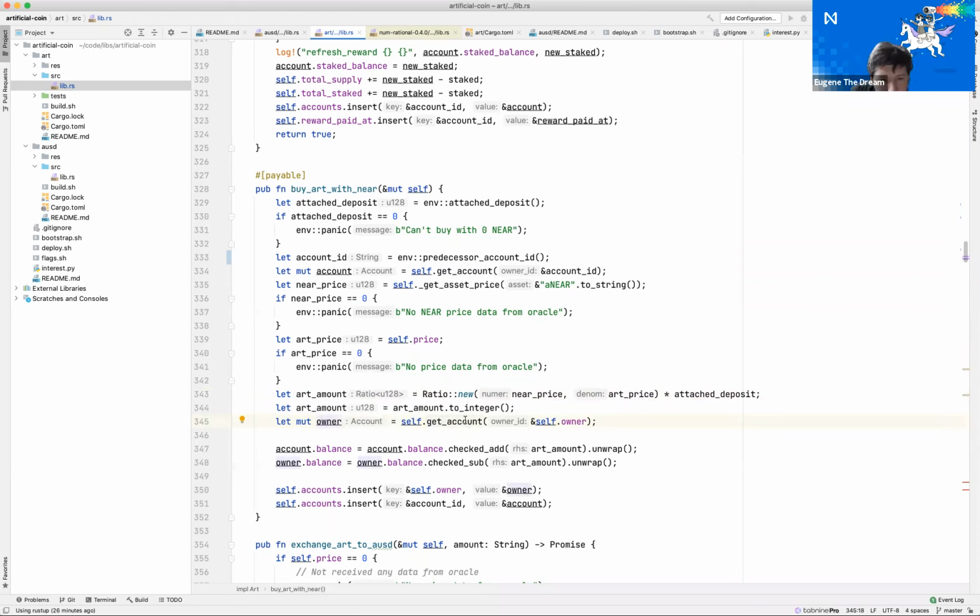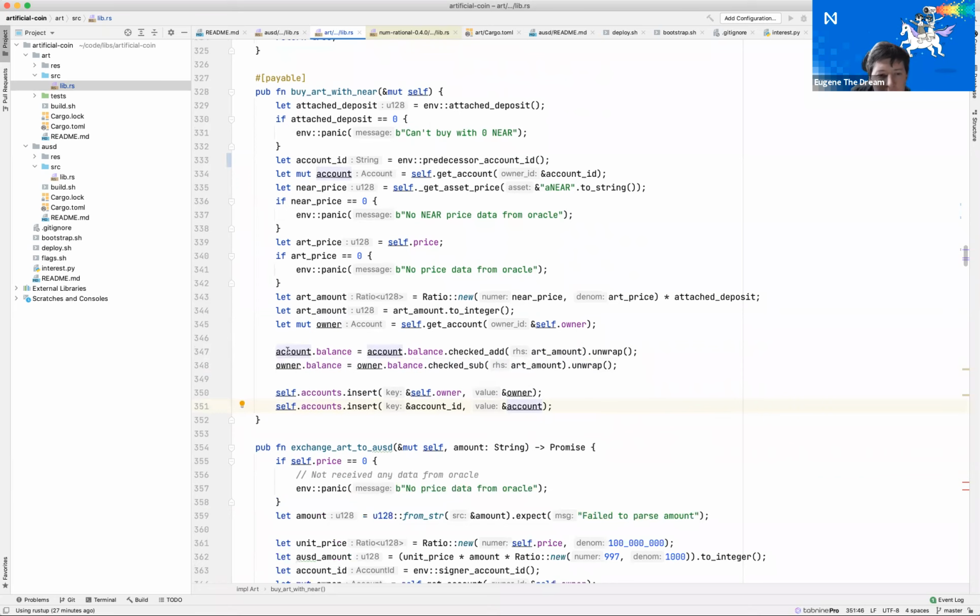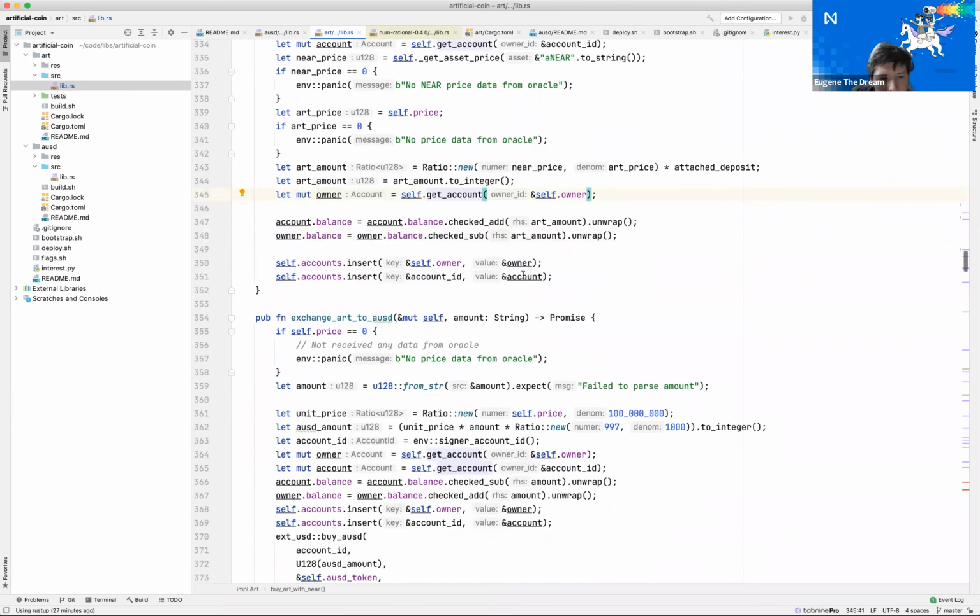Anyway, so we get the owner, and we say the account balance we increase and the owner's balance we decrease, and save both owner and account. An owner has all the art. Okay.